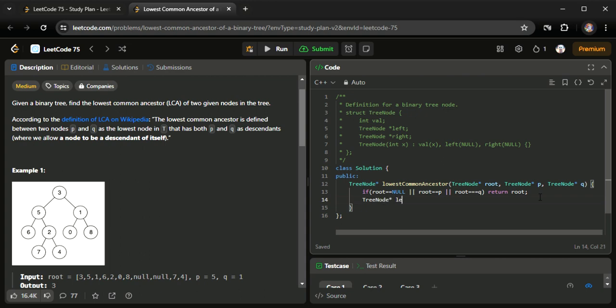Take the left part: left equals lowest common ancestor of root left, and we will pass p and q both. In this way we take the right part and call the right subtree.